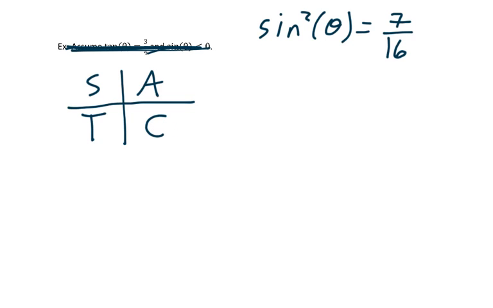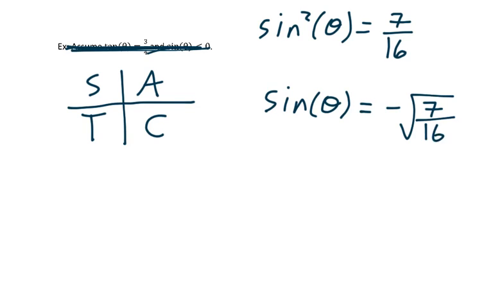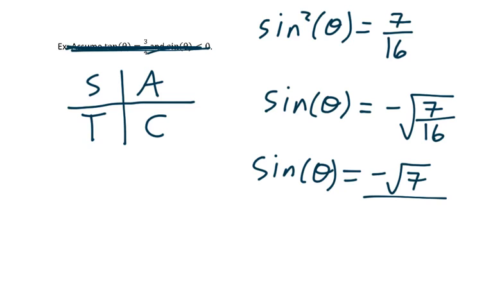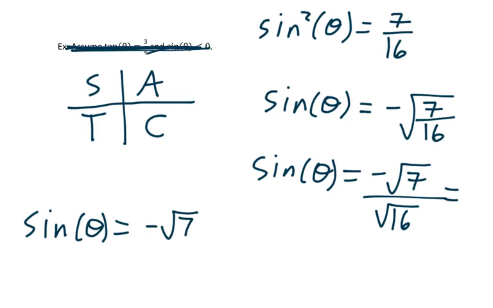So from the above, sine of theta is negative square root of 7 over 16. This is the same as negative square root of 7 over square root of 16. The square root of 16 is 4. So finally, sine of theta is negative radical 7 over 4.